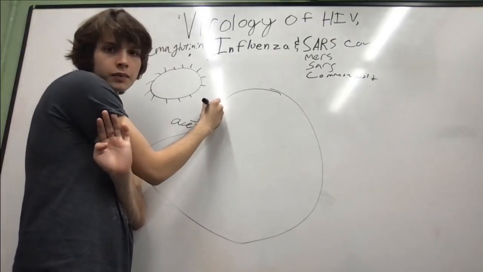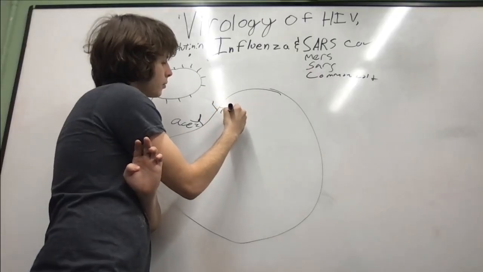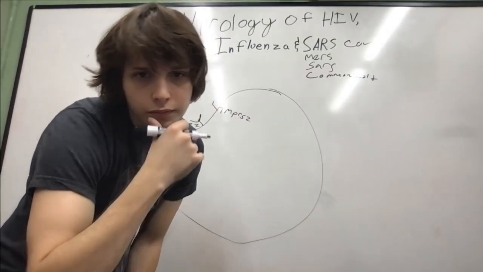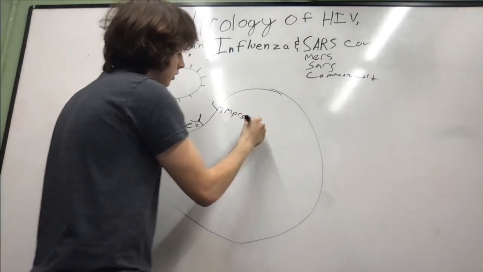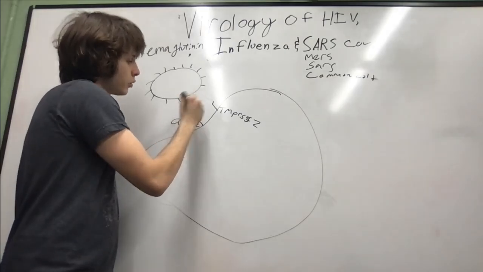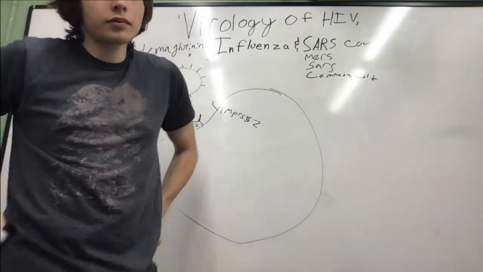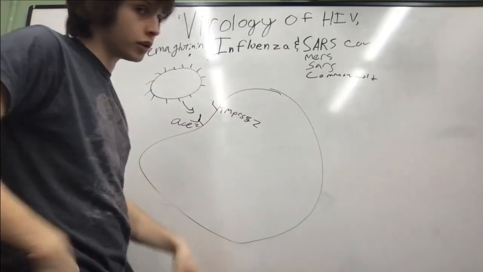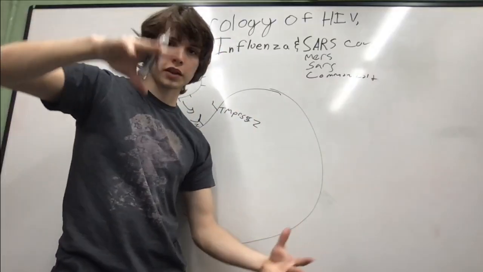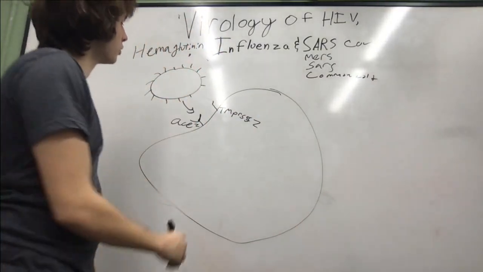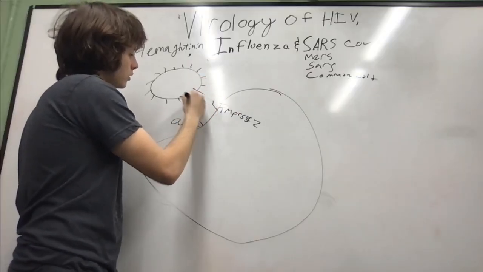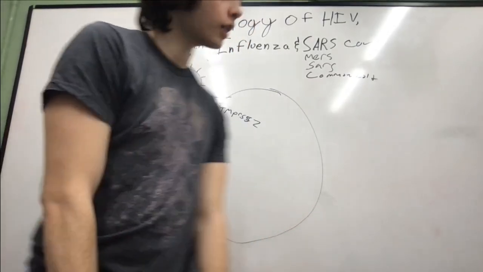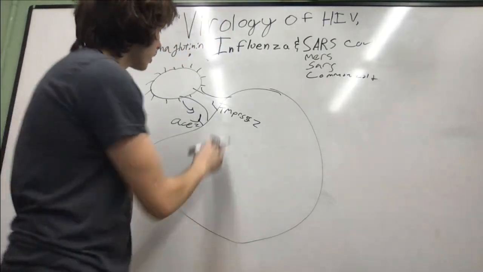Sometimes he can even have TMPRSS2. So he can bind through here, and just like influenza, you can go in through clathrin-mediated endocytosis, which I'm not going to draw out, but a vesicle forms, a lysosome comes in, and breaks apart the capsid. But you can also have TMPRSS2 cleave these two membranes, which causes a fusion event. So that's pretty important.